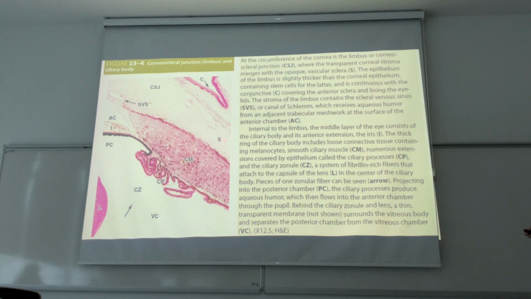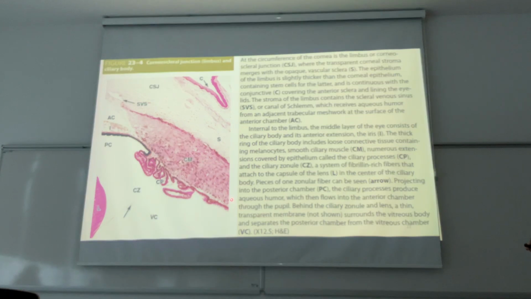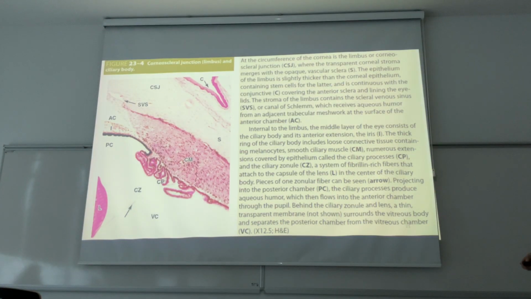Here is the sclera. Here is the limbus. And this channel is our Schlemm channel. This angle is our iridocorneal angle. This is our iris. This is which structure? Ciliary body. And this is the lens. And here you can see the zonular fibers which are connected with the lens.